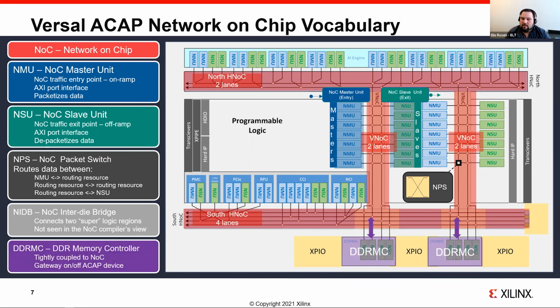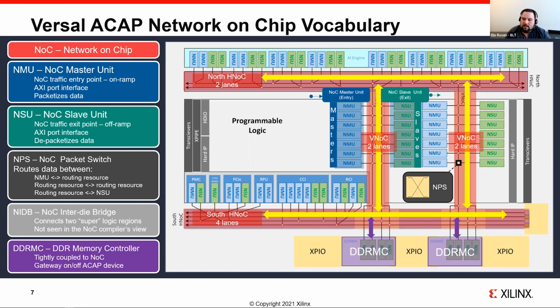And then finally, as part of the NoC, we have the DDR memory controllers. If anyone here is familiar with the MPSoC type architecture, you would have a memory controller associated with the processing system. You could also instantiate your own memory controllers in the programmable logic, and you'd have to use an AXI interconnect to interface them.